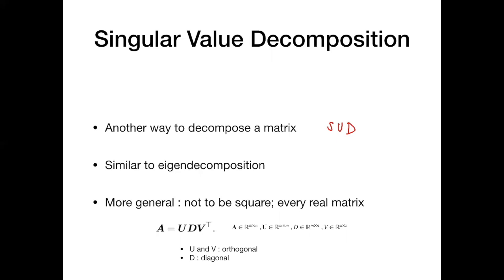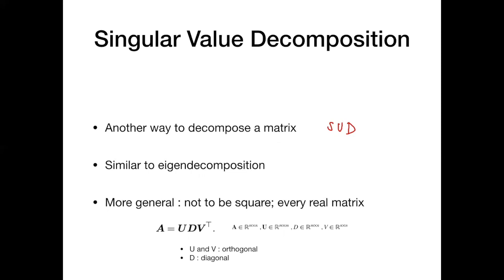The definition of the SVD is like this. The matrix A can be decomposed into three matrices. If the shape of A is m times n, then the first factor is a matrix U with the shape of m times m.